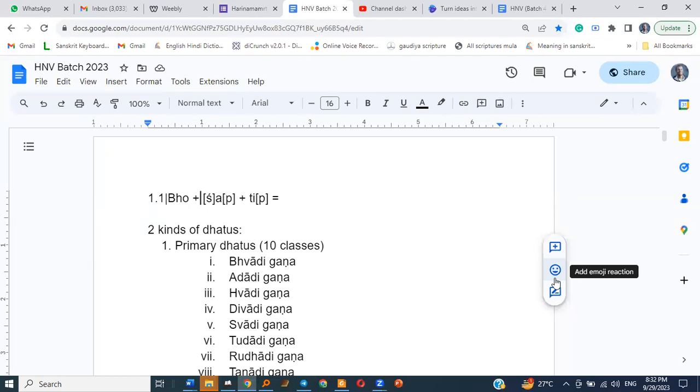So we apply Dhaturantasya Guna Pratyaye. U becomes O. Now we apply the Sandhi rule. O is there, and next we have a vowel following. So Avadesha is applied. So Bhav, and then we combine everything. So we get Bhavati. So this is how we get Bhavati.